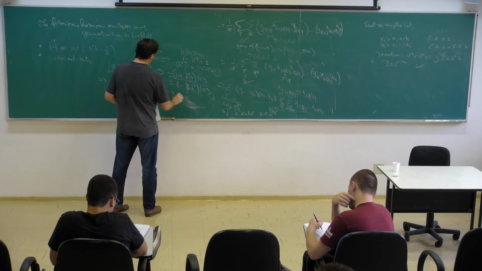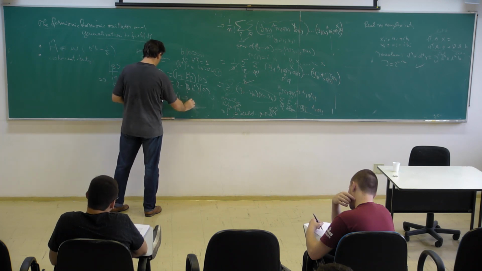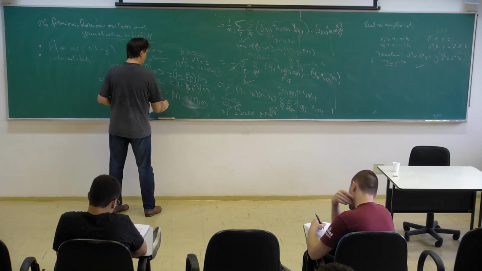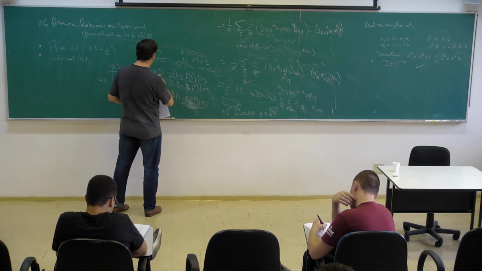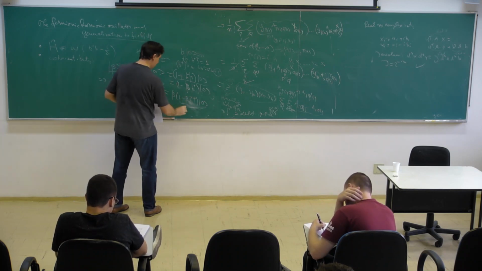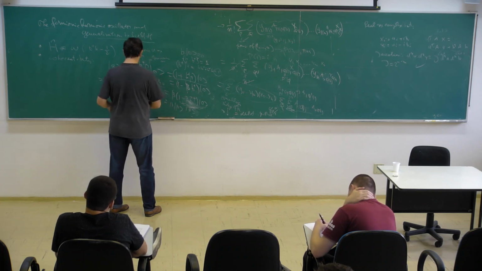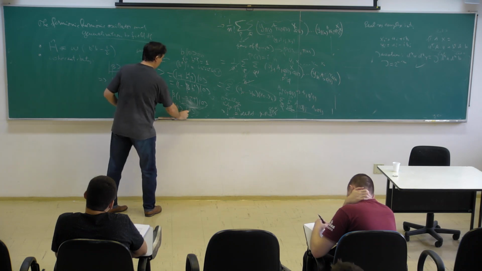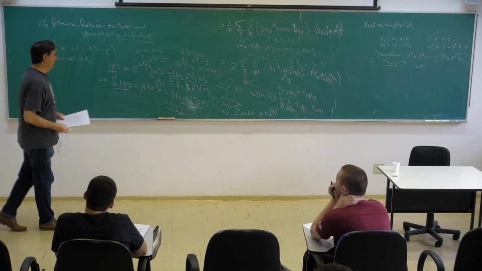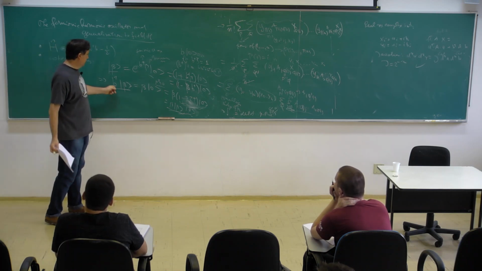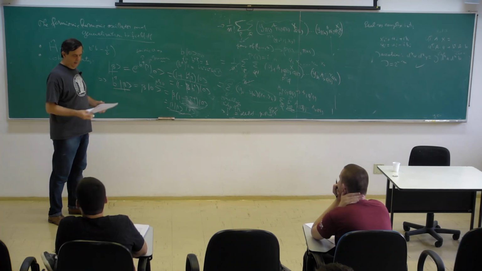So I can add for free this thing, b dagger on 0. But then this thing is just beta. So this is beta. Okay, so as said, this state is an eigenstate of B with eigenvalue beta.